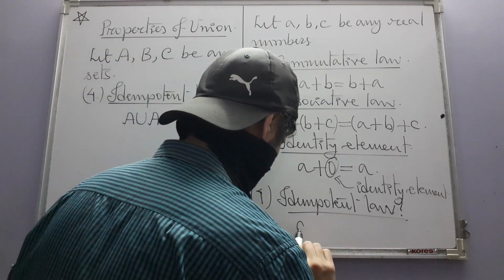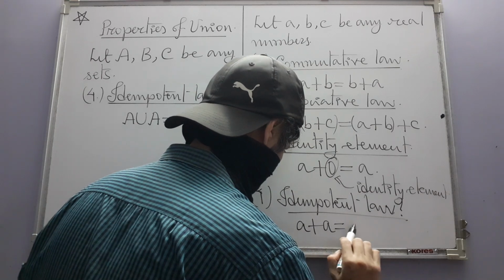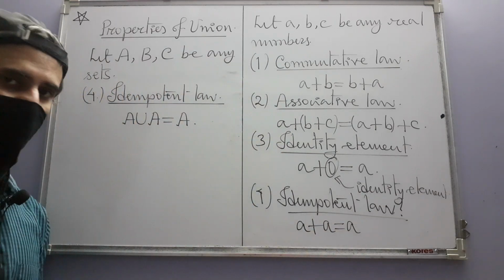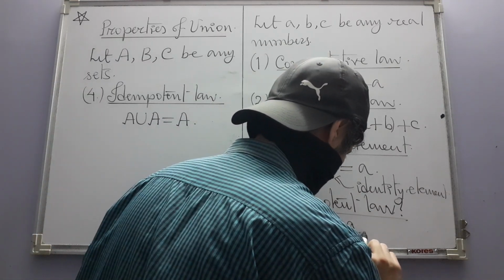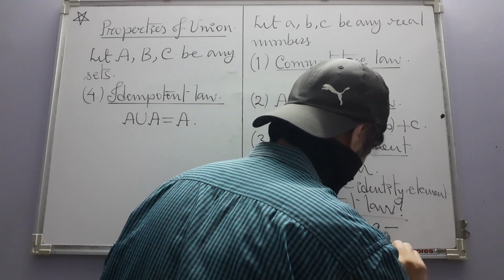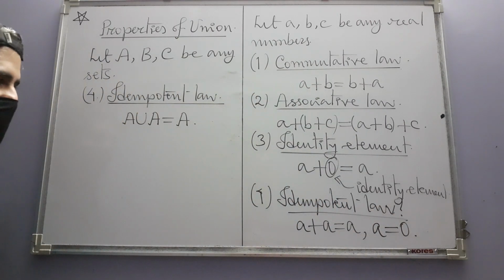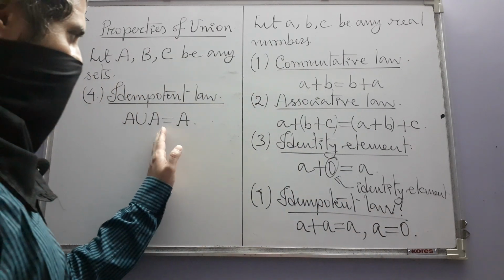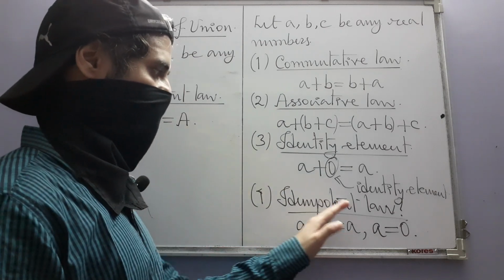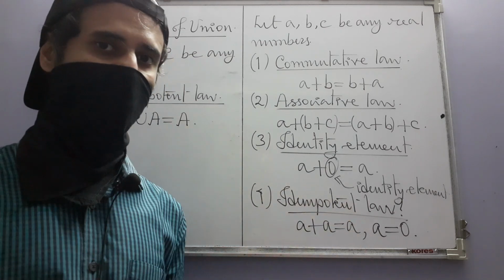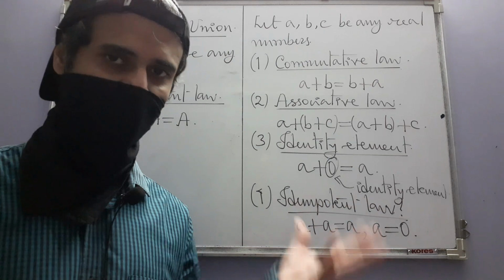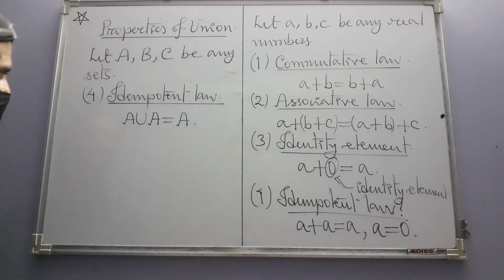Do we get this for any real number a? No. This happens only when a is equal to 0. So it's not necessary that all the properties of union should be exactly similar to all the properties of addition. Some of them are, but not all.